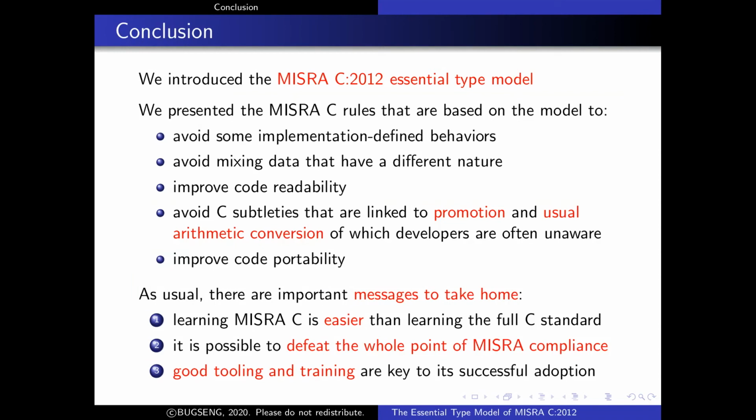Another important message to take home is that it is technically possible to defeat the whole point of MISRA compliance if you really want to do it. So, for example, adding random explicit casts can leave all the bugs there, can even introduce more bugs and result in MISRA compliance. And as usual, good tooling and training are key to the successful adoption of MISRA C.